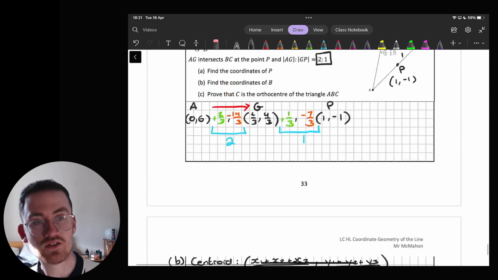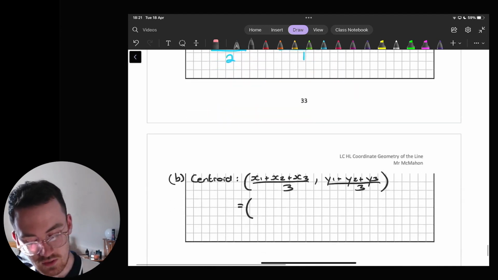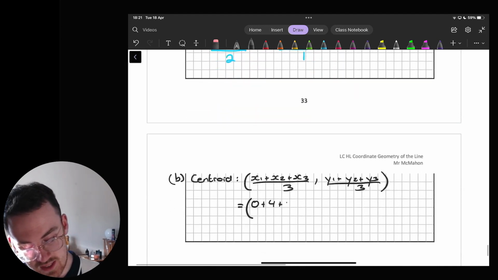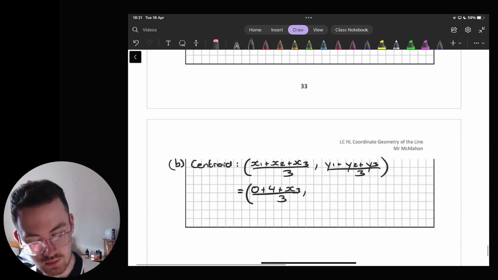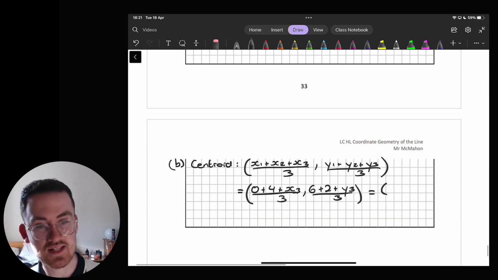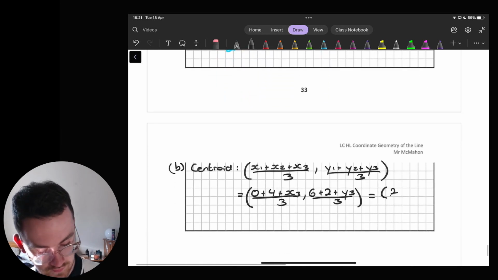Filling in the values that I do know, I can use A and C. So (0 plus 4 plus x3)/3, and for the y coordinates, (6 plus 2 plus y3)/3. And that is equal to my centroid, which is (2/3, 4/3).